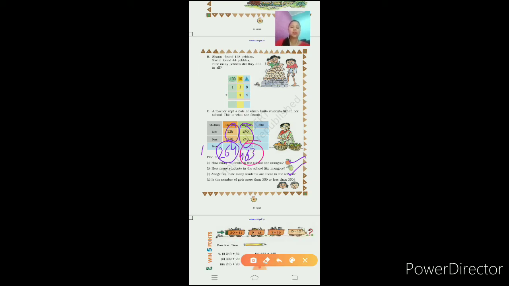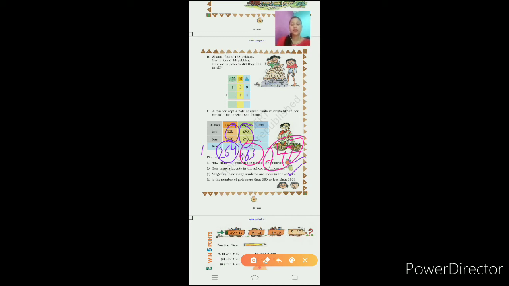So add these numbers and you will get the total number of students. Simple. So 4 + 3 is 7, 6 + 8 is 14, 4 carry 1, 4 + 2 is 6 and 1 is 7. So 747. Total number of students is 747.